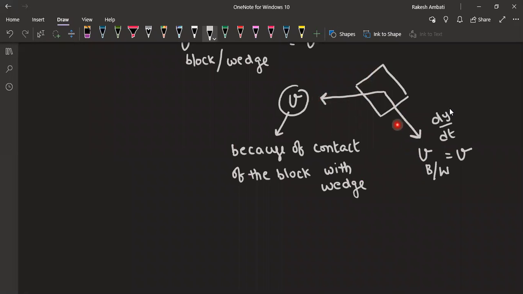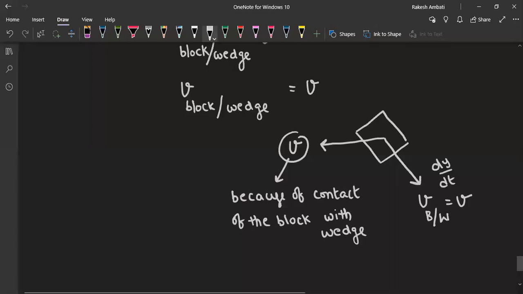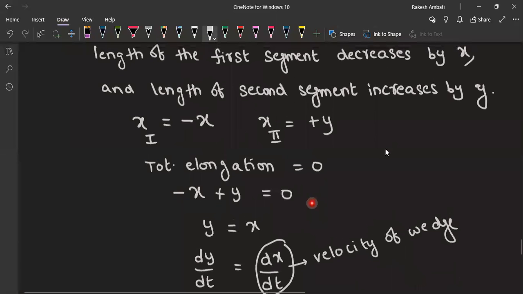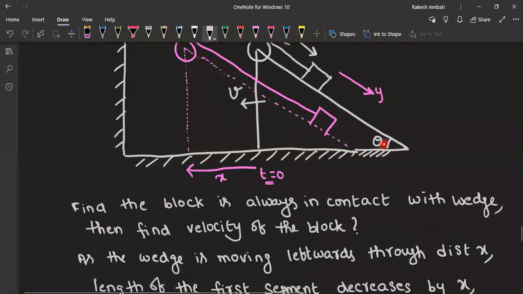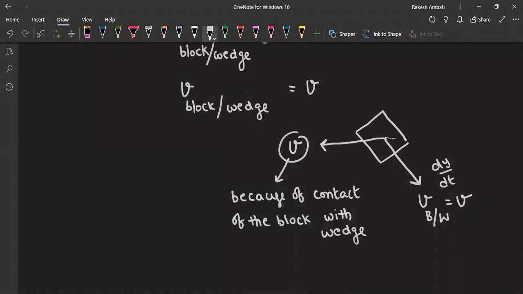So now we have to simplify this figure further. In the question, the angle of inclination is given as theta. So we are simplifying further.